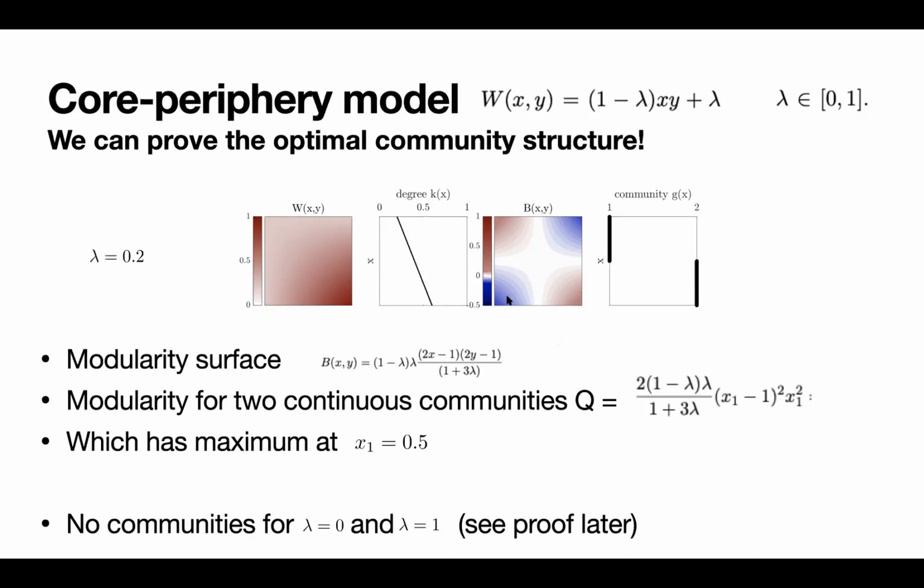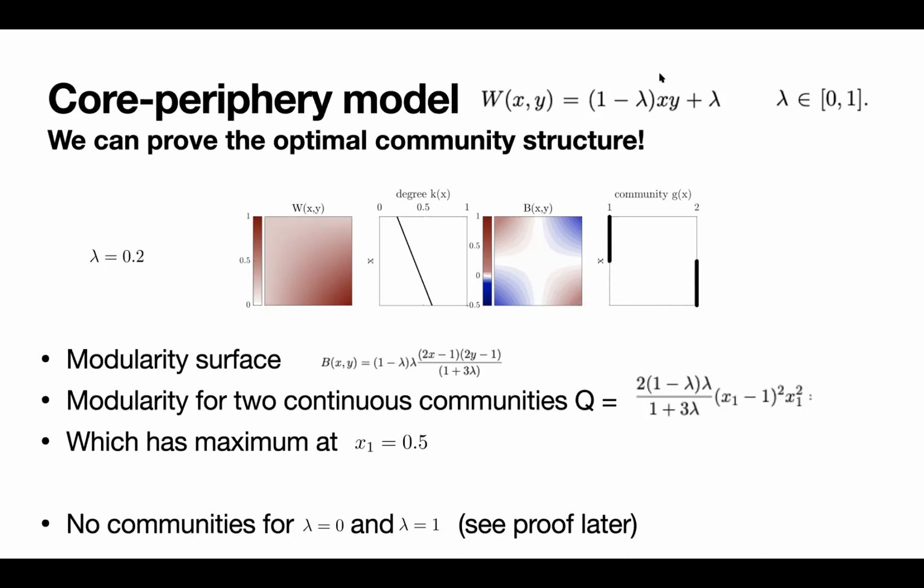That's why it's negative. And if we use the Louvain algorithm to optimize this discretized modularity surface, we return those two communities, which represent those two parts which are densely connected to each other. And actually the split between those communities is exactly at 0.5.